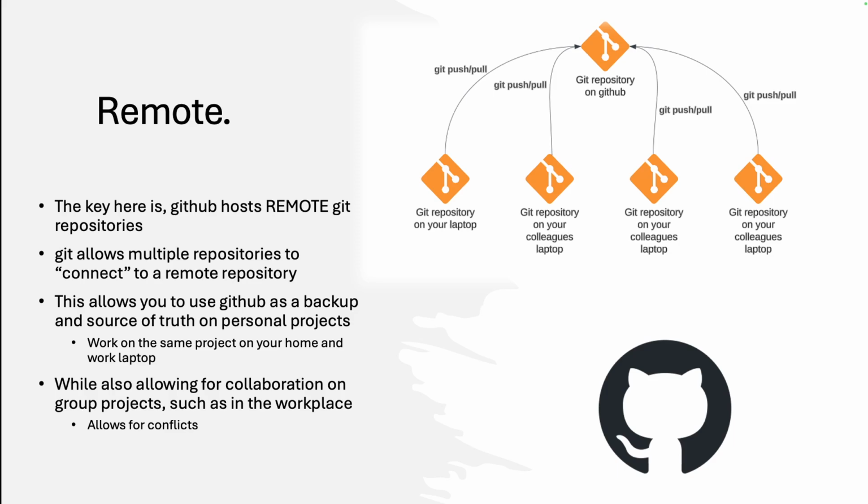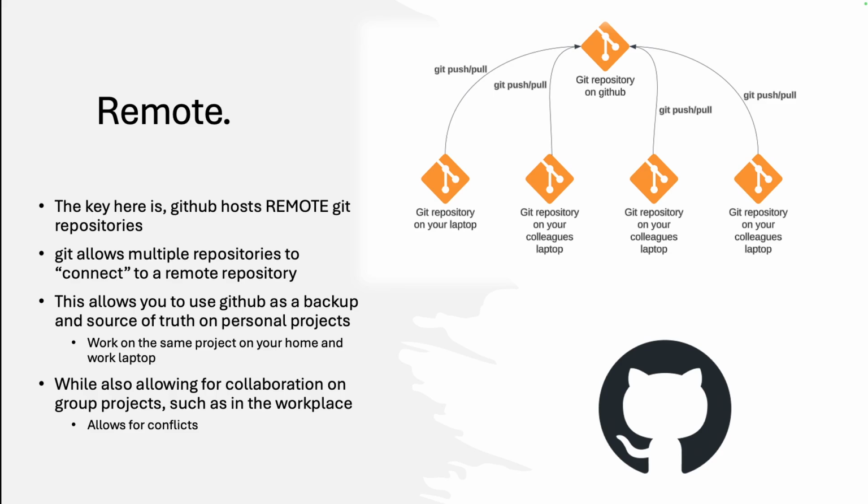So you could, in theory, work on the same project on your home and work computer. Push stuff up, pull stuff down, before you leave work. Pull it down when you're at home, and be sad that you're working when you're at home. Or happy, whichever. But while also allowing for collaboration on group projects.